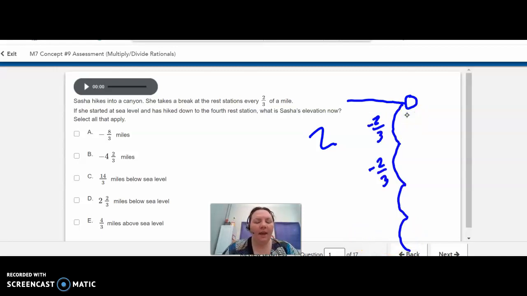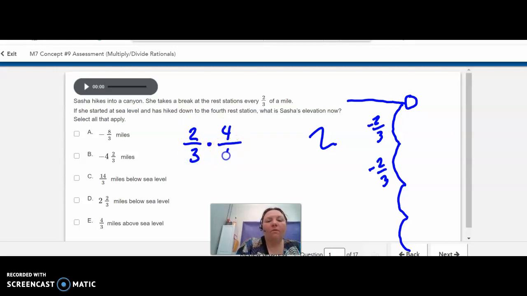So when we look at how that works, we could use repeated addition. If you're not feeling quite confident with multiplying fractions yet, you could use repeated addition. But we could also think of this as she goes 2/3 4 times.